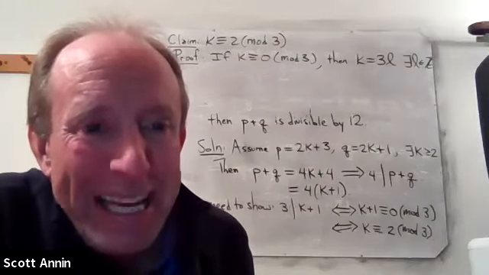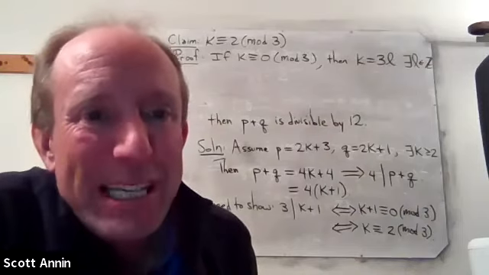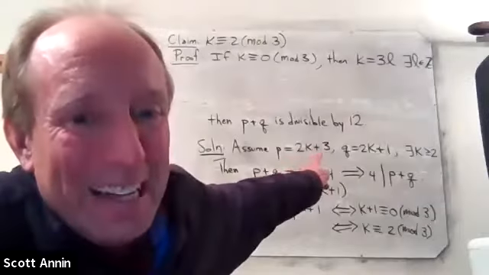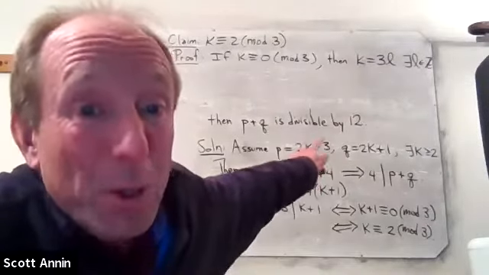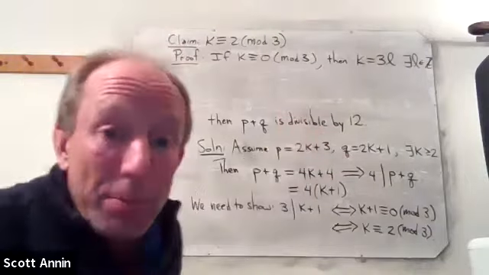Look at the number p. And imagine if k was equal to 3L. It would have a factor of 3, and therefore it would not be prime. You see right here? Exactly. If k was 3L, we could pull a 3 out of it. And that would make p not a prime, right?